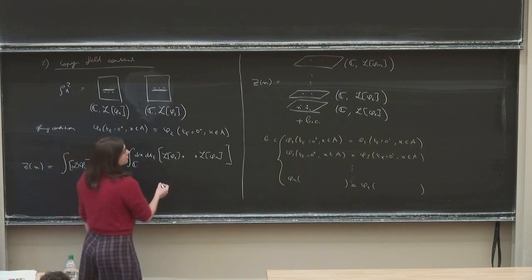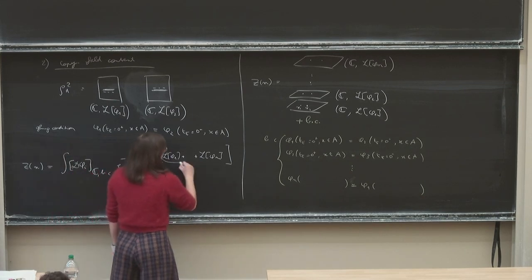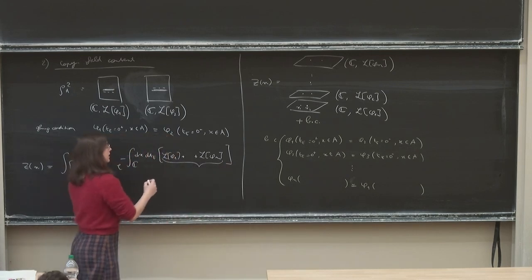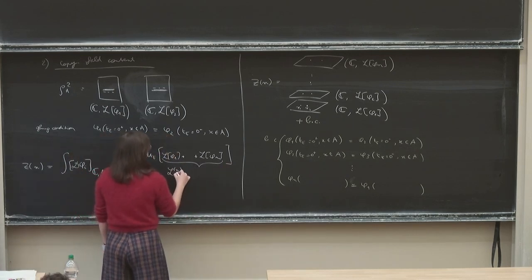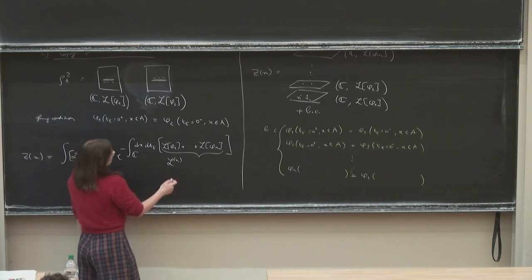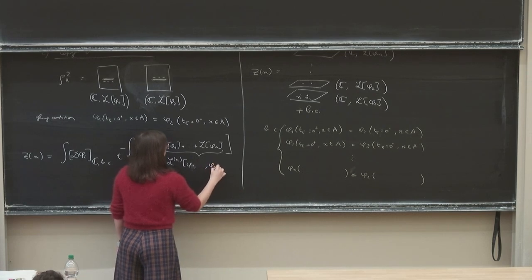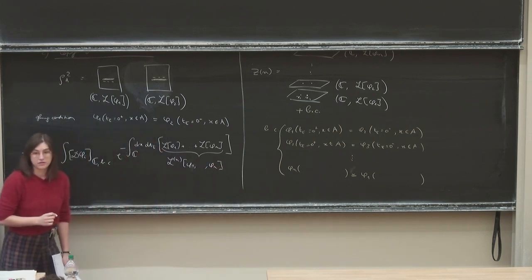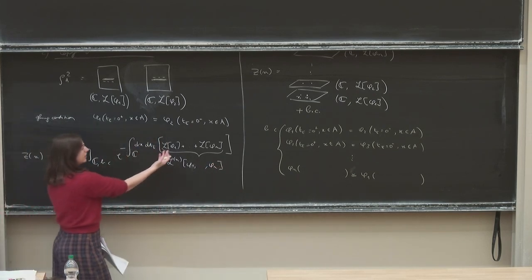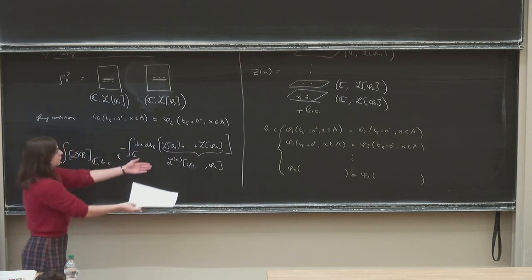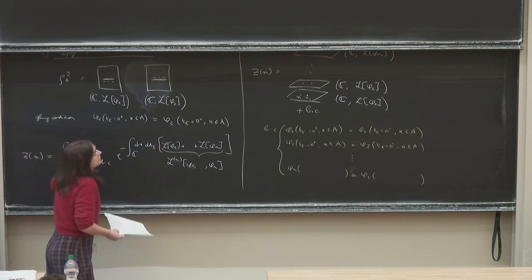Now, let me just write this new Lagrangian as one Lagrangian L_n for n different fields. This is just a definition now for rewriting the exponent in one notation.